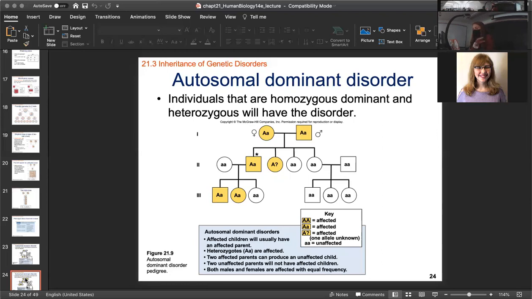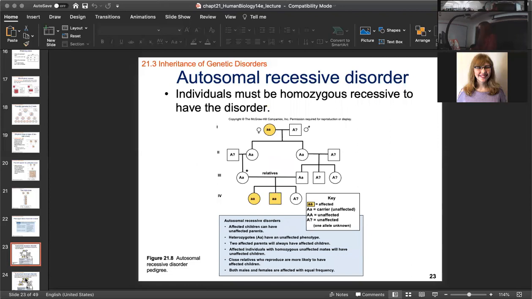And we can see the relationship to that inheritance. What I'd like us to also note on this last slide, it says autosomal recessive disorder at the top of the slide, okay? The word autosomal just means all of the cells except for the sex cells or the sex chromosomes. So this is also, we could call this autosomal.